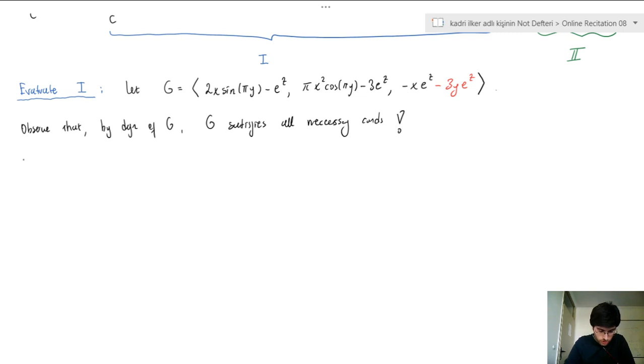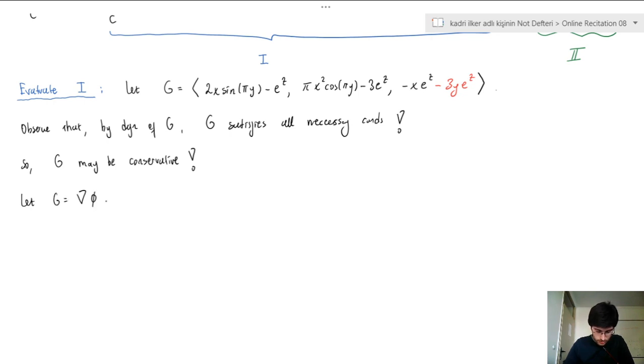Therefore now G satisfies basically all necessary conditions for being a conservative vector field. So G, maybe, there is a possibility, maybe conservative. Remember, our domain is simply connected, therefore G turns out to be conservative at the end of the day anyway. So we let G be, okay, let's use phi.